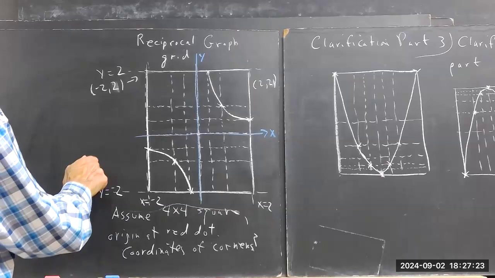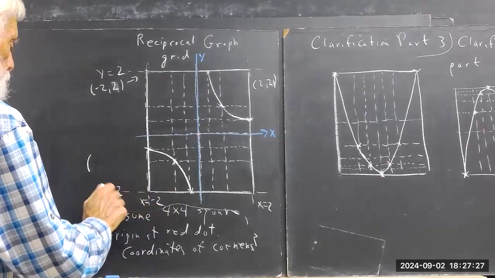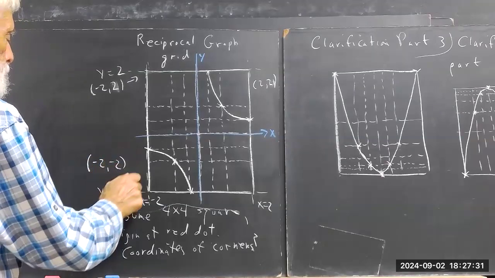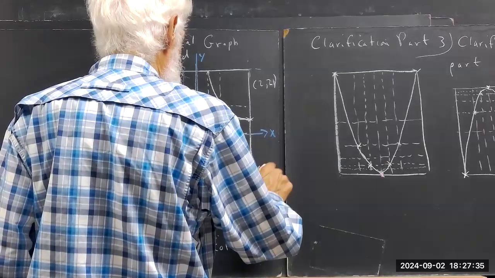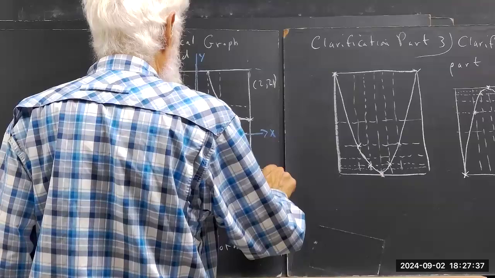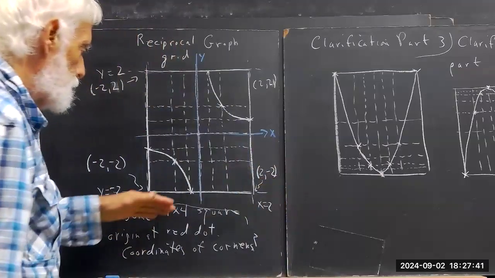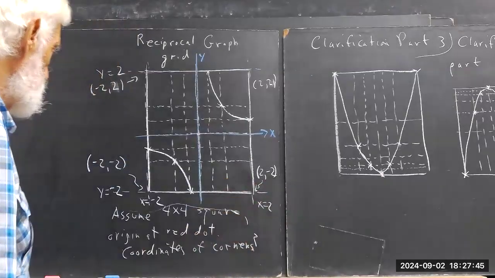Pause if you need to. It's on the line x equals -2 and the line y equals -2. And this point is 2, -2, because x equals 2 here and y equals -2 here.